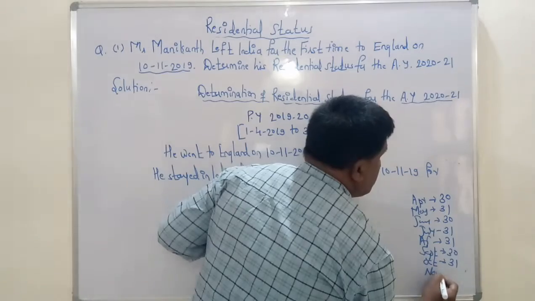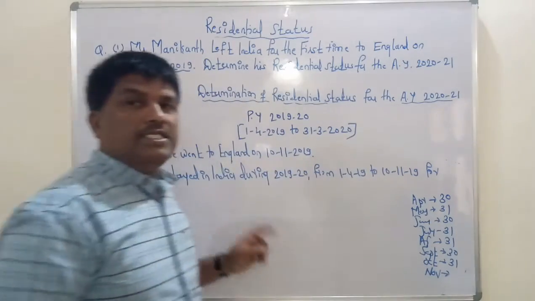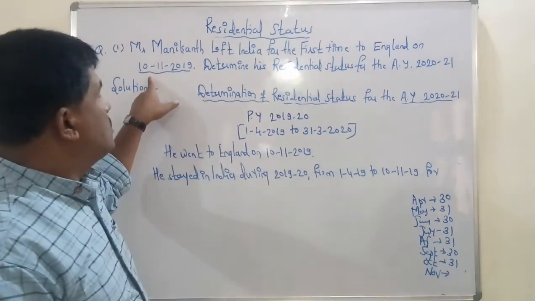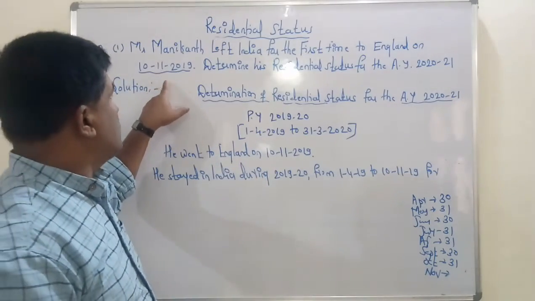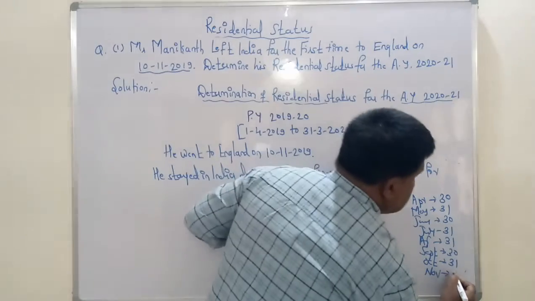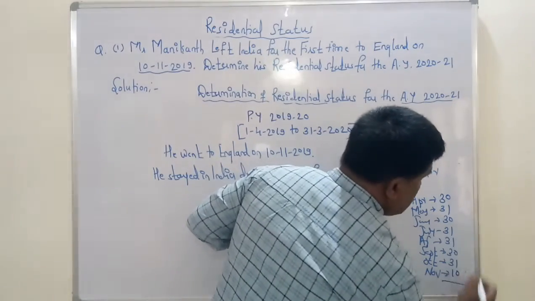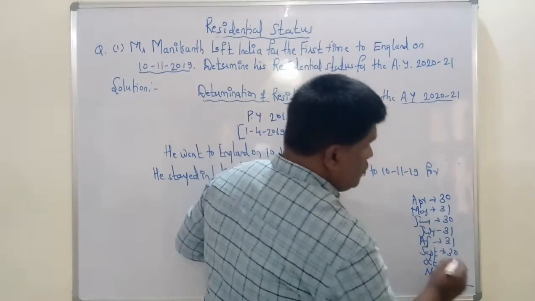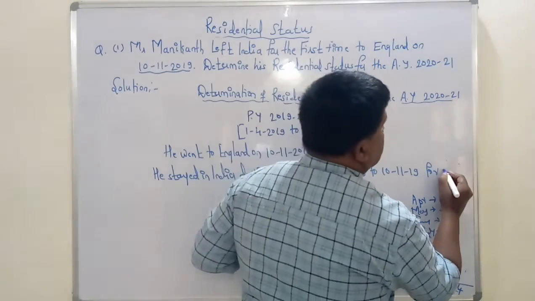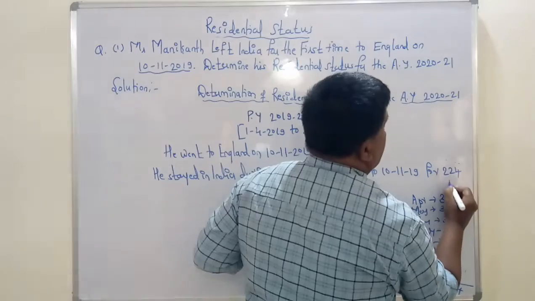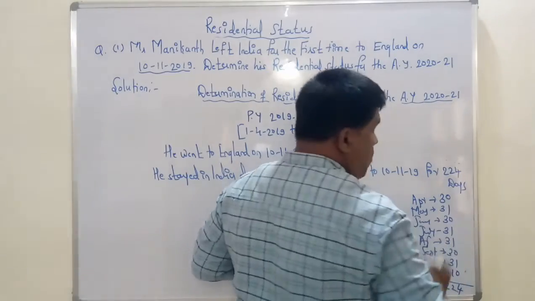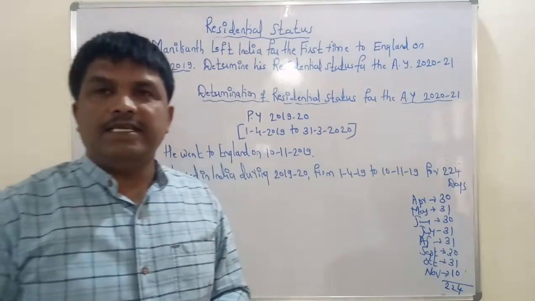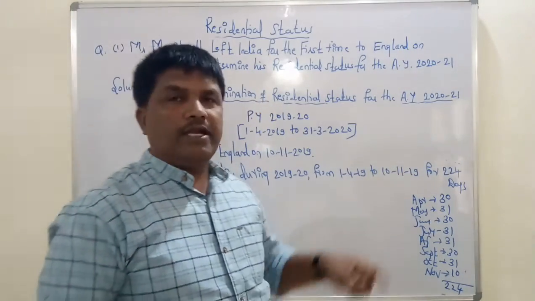Then November, during November how many days did he stay in India? Only 10 days, because he left India on 10/11/2019. You take 10 days. In total it comes to 224 days. It means during the previous year he stayed in India for 224 days.